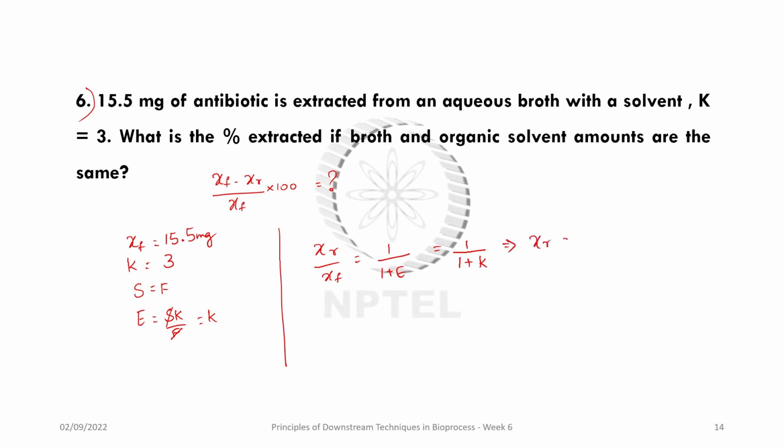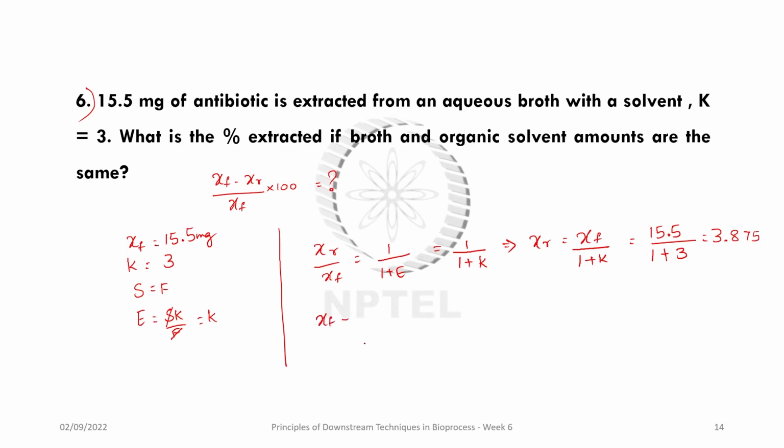Or XR is equal to XF by 1 plus K. And XF is 15.5 mg divided by 1 plus 3. That is 15.5 divided by 4. So my answer is 3.875. So what do we need finally?